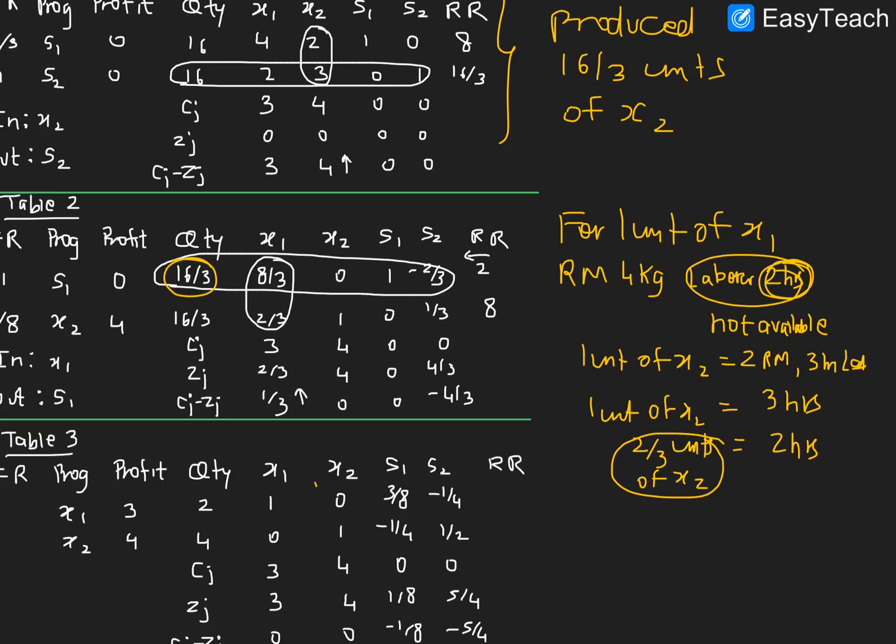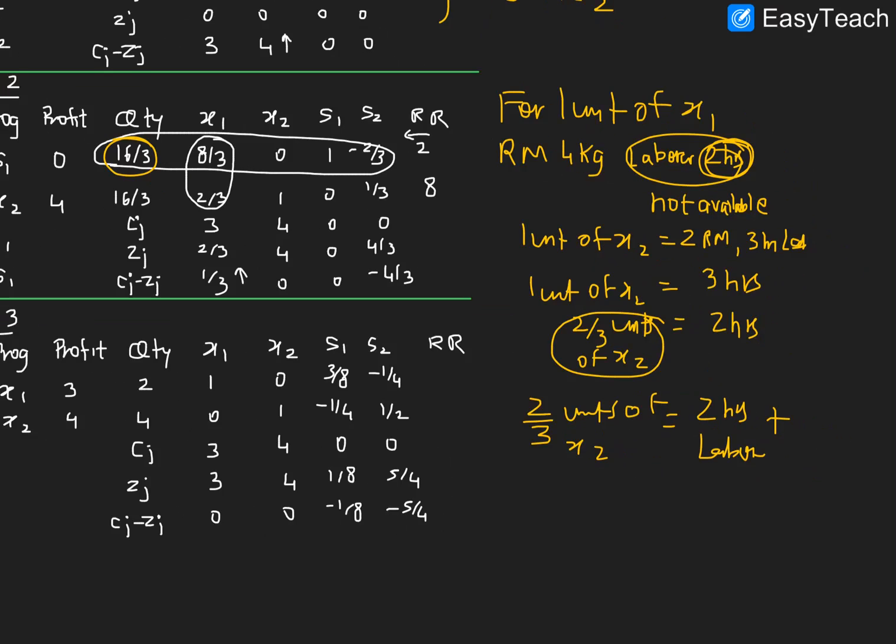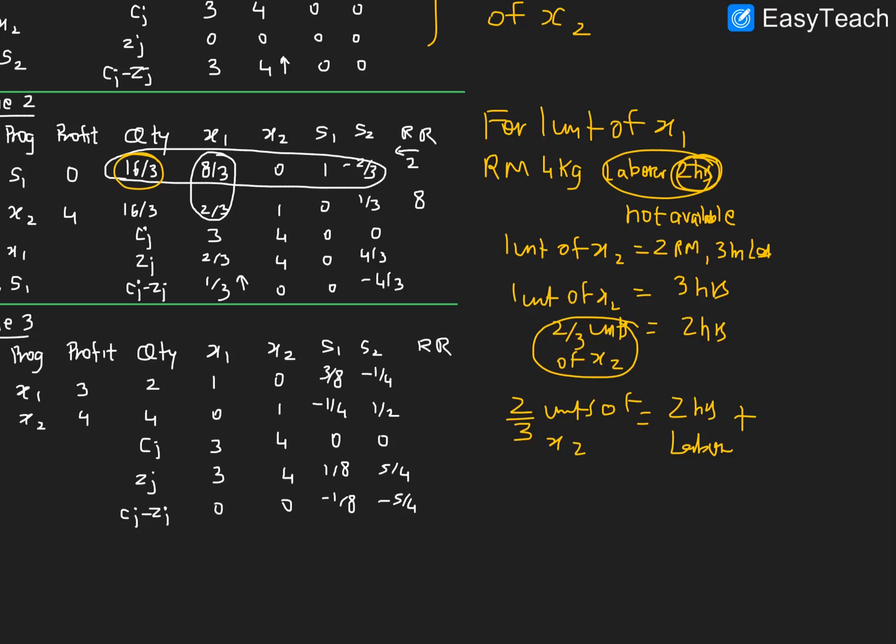Now suppose we reduce our production by 2 by 3 units of x2, which is equal to 2 hours of labor, and also we can say 2 by 3 multiplied by 2 kg raw material. So raw material is 4 by 3.